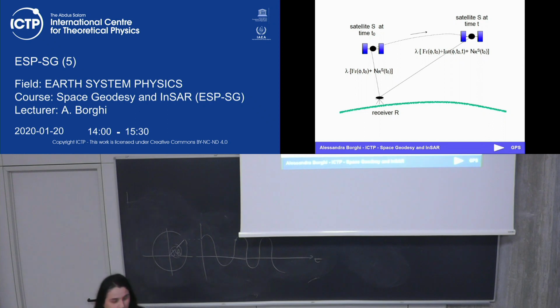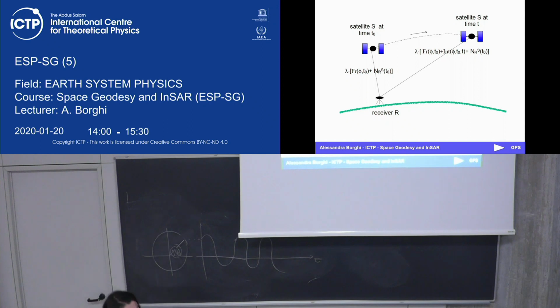The wavelength of a signal is like our ruler. We don't know how many times we have reported this ruler up to T0, when we receive the signal and we do the measure.